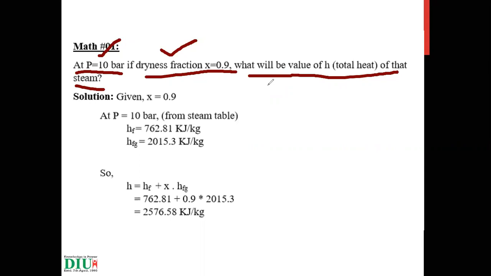Still, a clue is given, the dryness fraction, because we already know the dryness fraction only deals with wet steam. So this is wet steam, and the equation of the enthalpy or total heat for wet steam is H equals HF plus X into HFG.